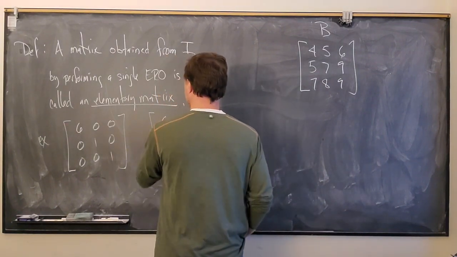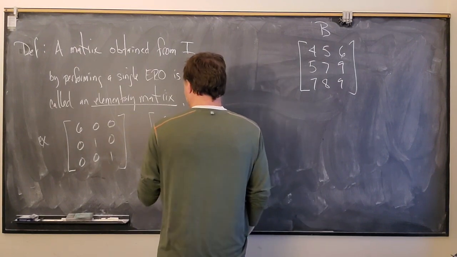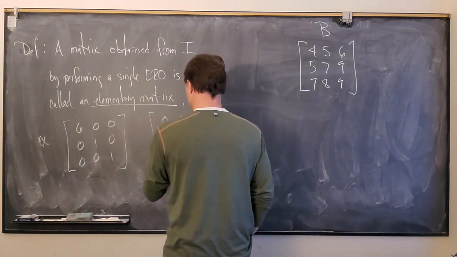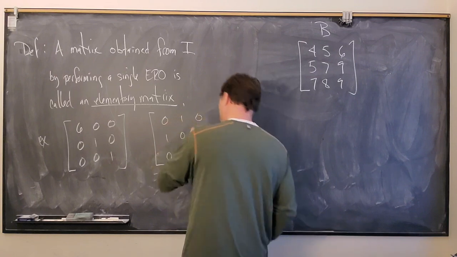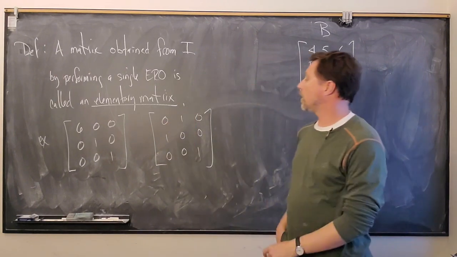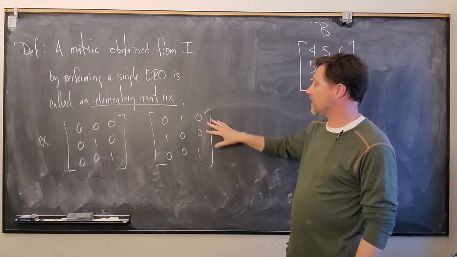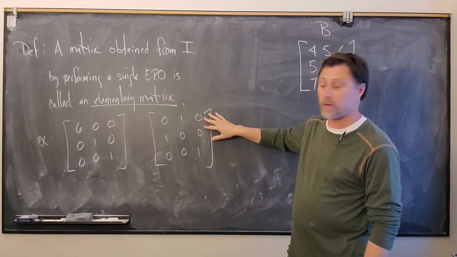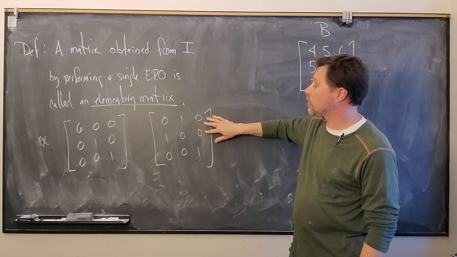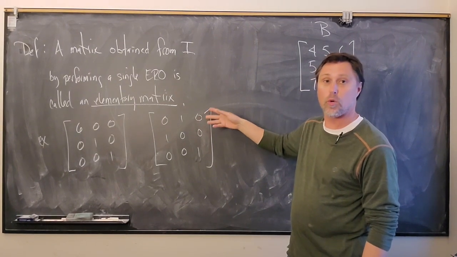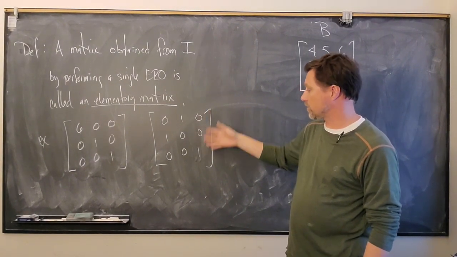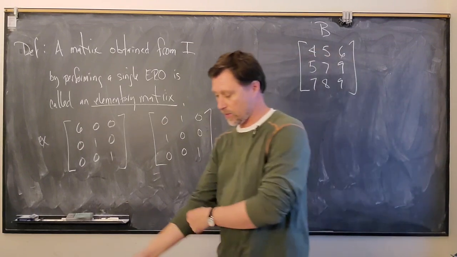How about 0, 1, 0, 1, 0, 0, 0, 0, 1. Here's another example of an elementary matrix. Why is that? Starting with the 3 by 3 identity matrix, if you interchange rows 1 and 2 of the identity matrix, you get this one. So here's another elementary matrix.